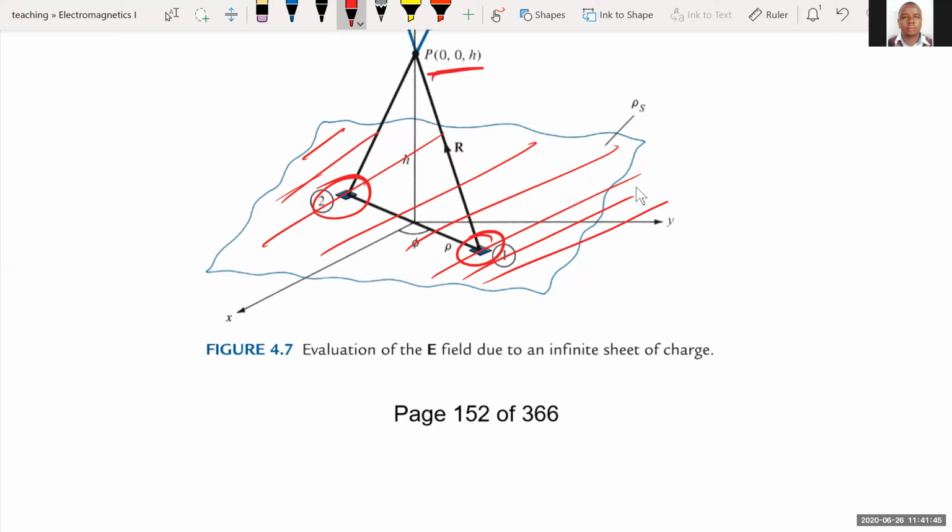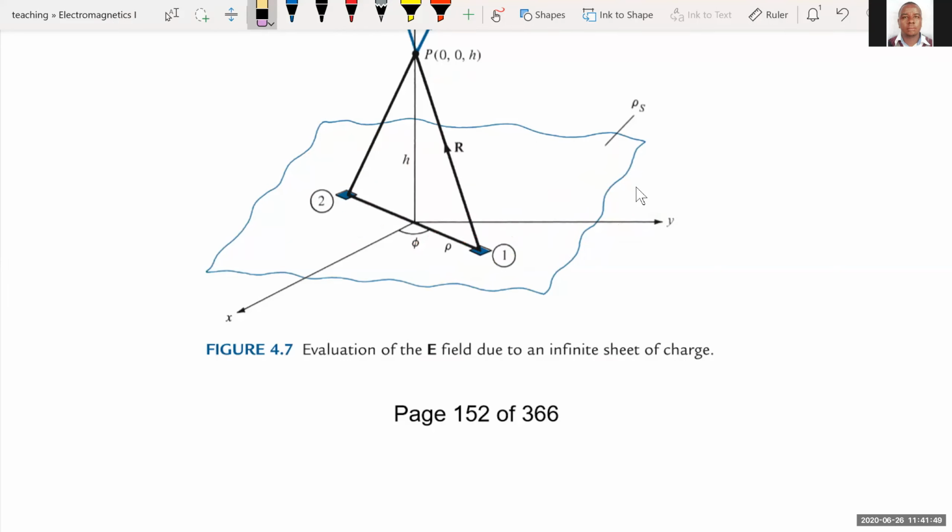So having said that, you can describe how much electric field strength is experienced at point P due to this sheet that has charge density rho S.